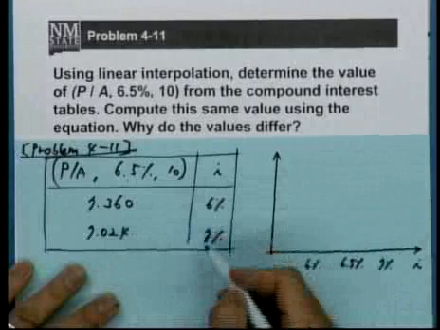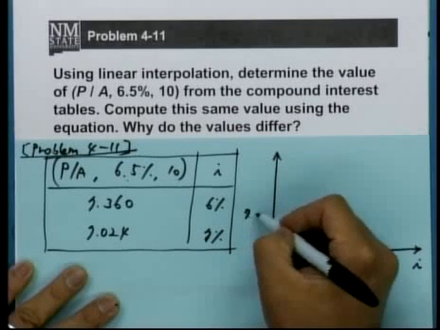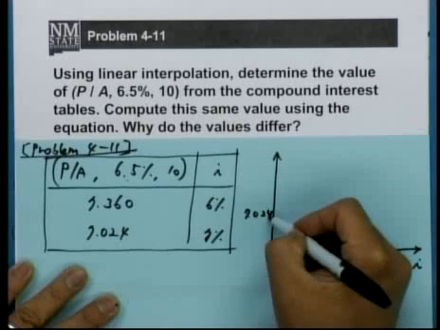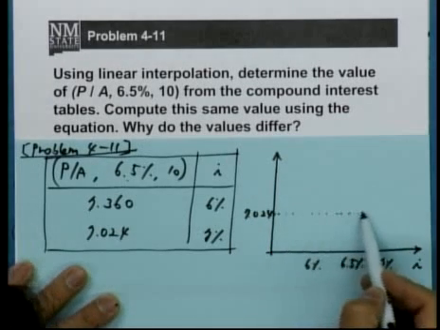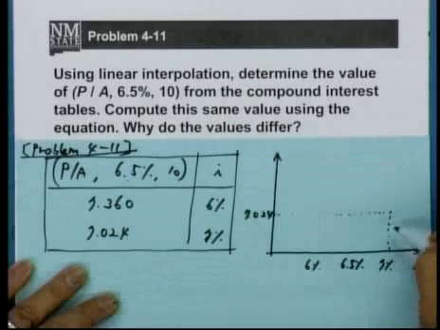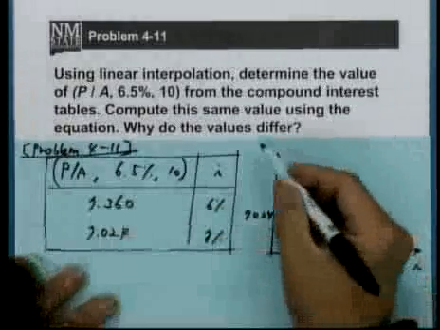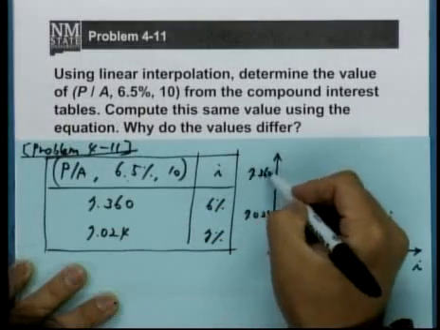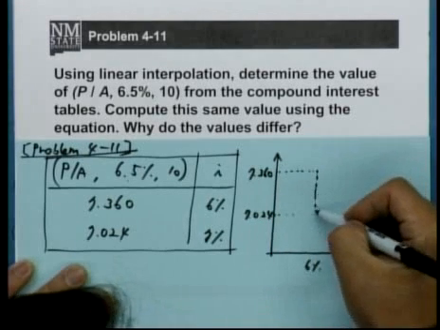And this vector value at 7% would be, let's say, 7.024 somewhere here. And 7.36 at 6%.